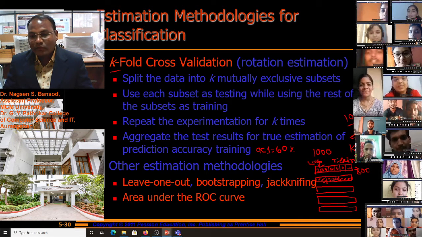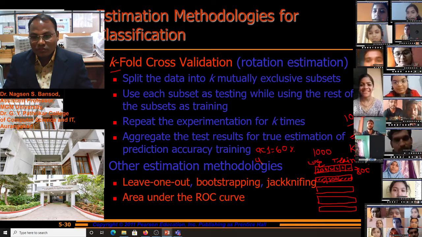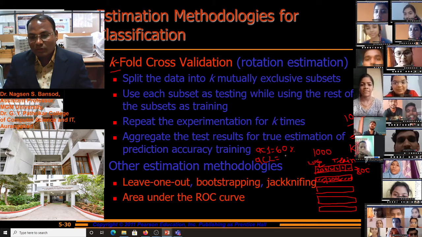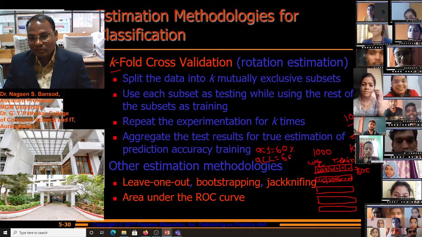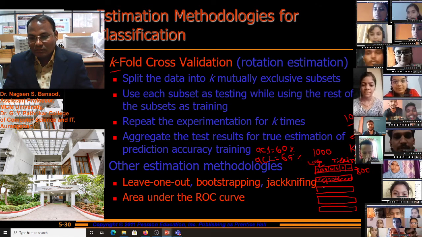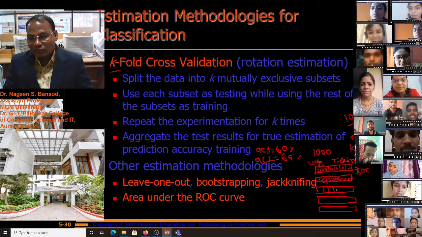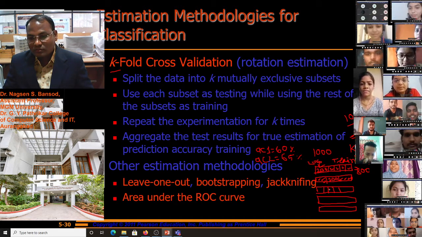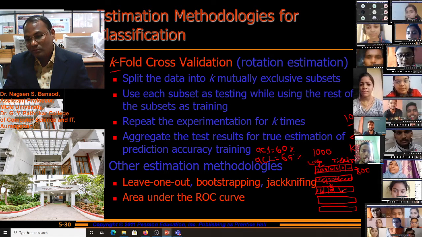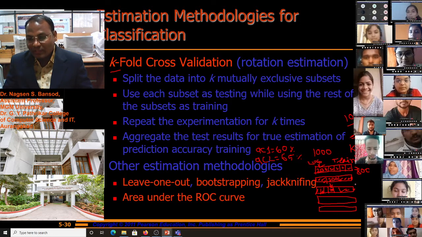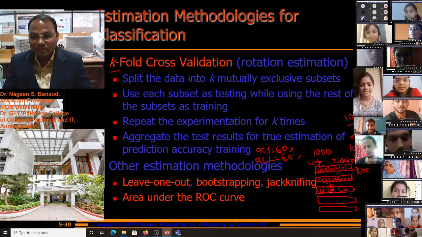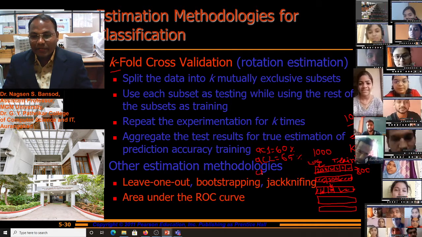We will find accuracy 2 equal to, suppose we got 65%. Then we will check the third one, 1 2 3 4 and 5. This one we make for testing, and all the remaining will be the training sample, and we find accuracy 3.